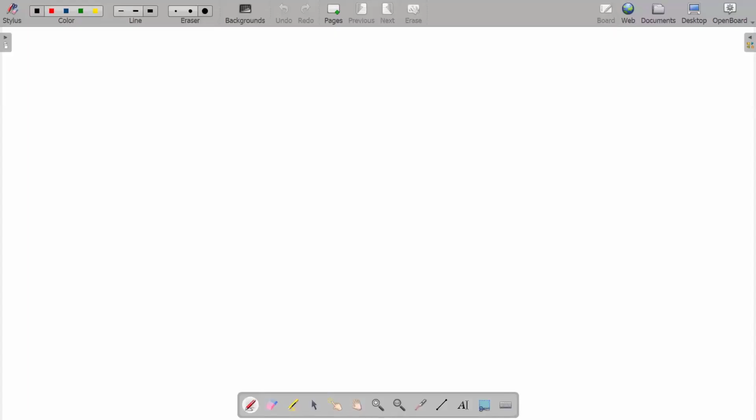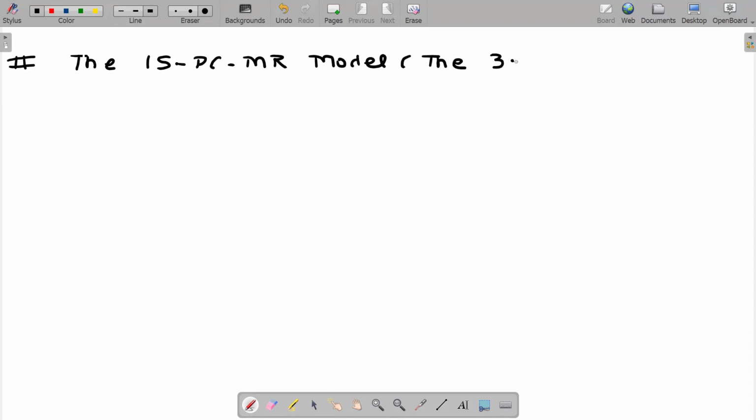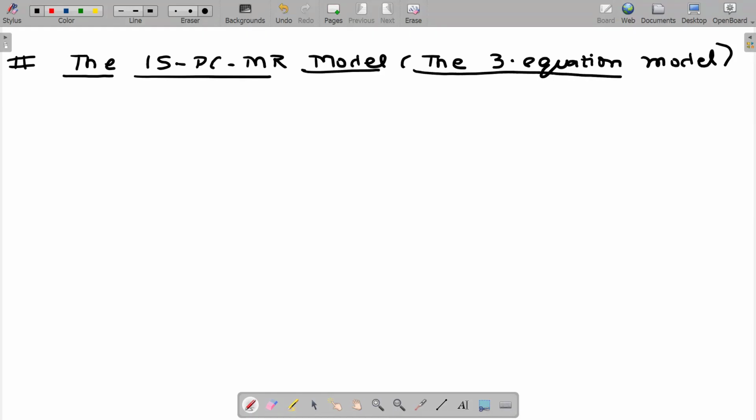I'm just writing the main heading for completeness. First of all, we are looking at the IS-PC-MR model, also called the three equation model. And I'm also writing the name of the book I'm following for reference.